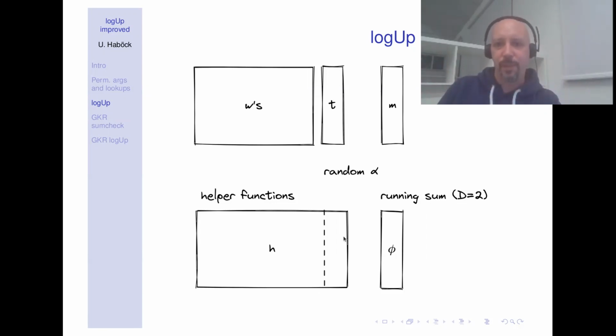That's the classical way one follows here. And once you have them proven, you do the sum check over these helper functions instead, which are the inverses, that's the fractions.